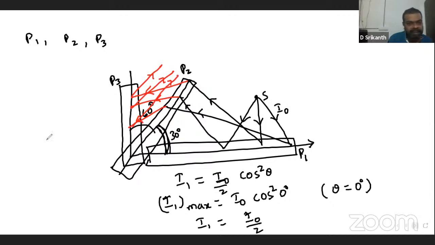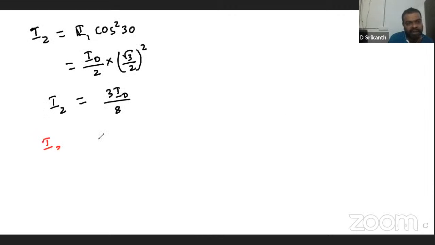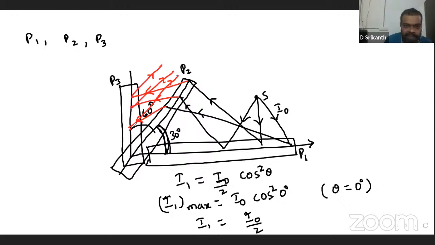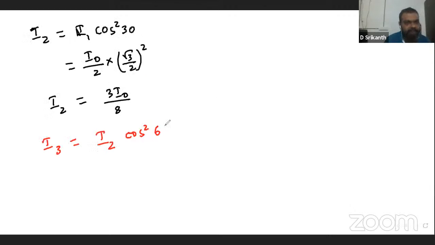So the intensity from the third polarizer: I2 cos square of the angle between P2 and P3, which is 60 degrees. So I can write it as cos square 60. That is, I2 means 3 I naught by 8 times 1 by 2 whole square. So I can write it as 3 I naught by 32.